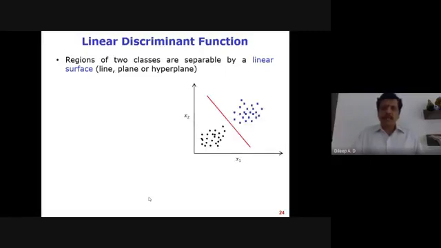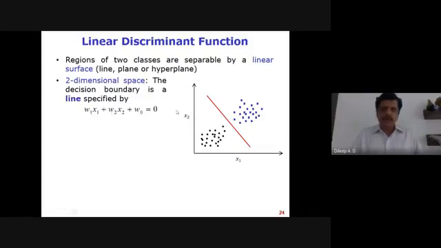In the case of two-dimensional space, a line is the one which acts as a linear surface. This line is a linear function. So how do you represent the line? In a two-dimensional space, a line is specified by this linear equation: W1x1 plus W2x2 plus W0 is equal to 0.